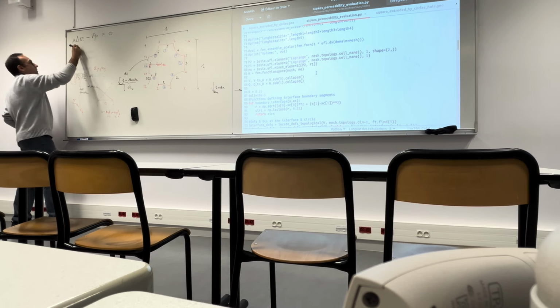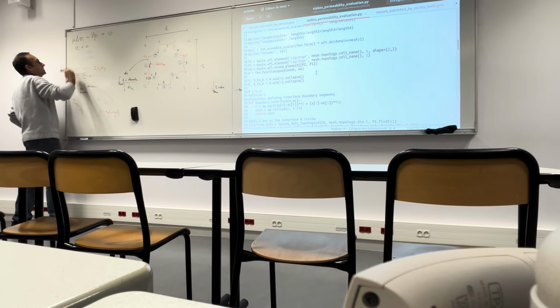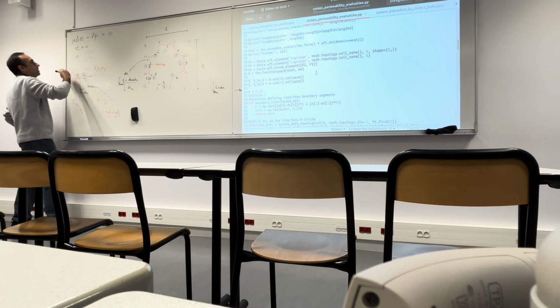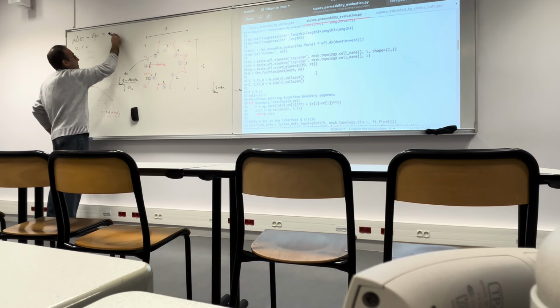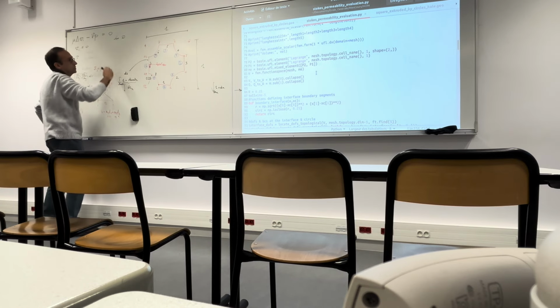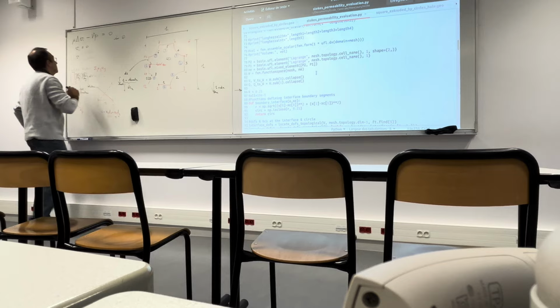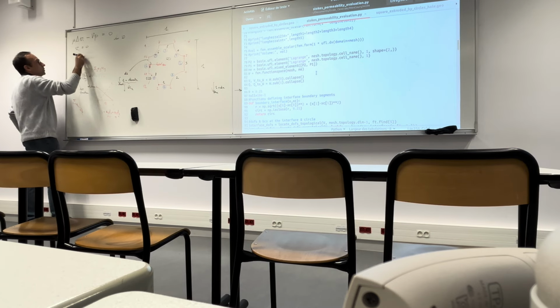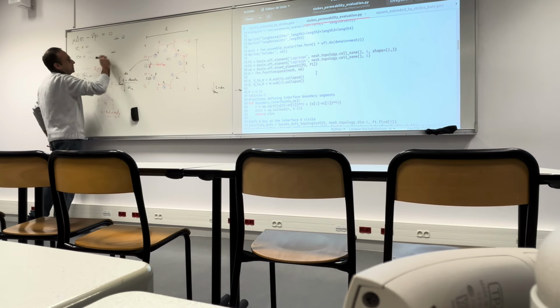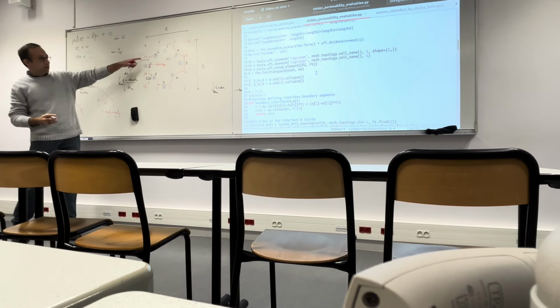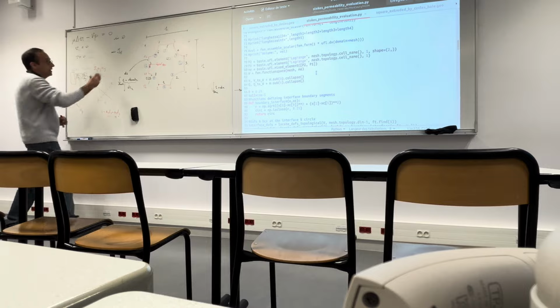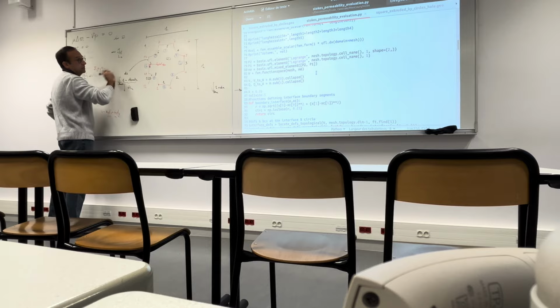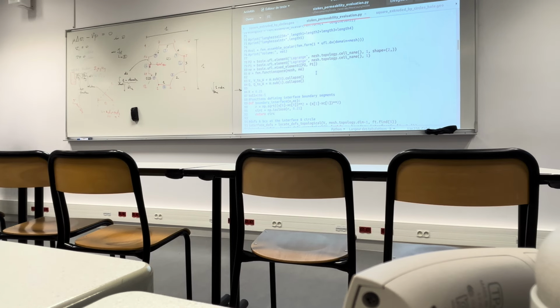Then Vi comma i equals 0, in the domain, let's call it D. Then V equals 0 on what we call ISF, which in our formulation coincides with the part of the boundary labeled as 5. This is what we said.